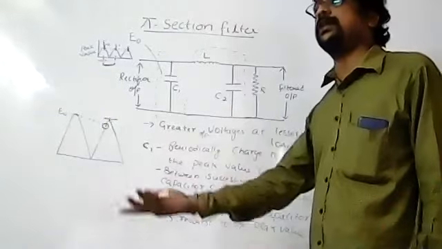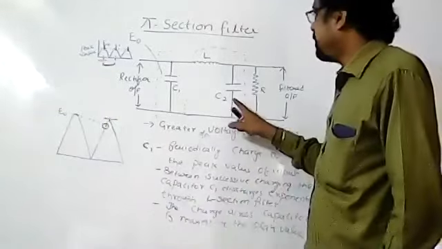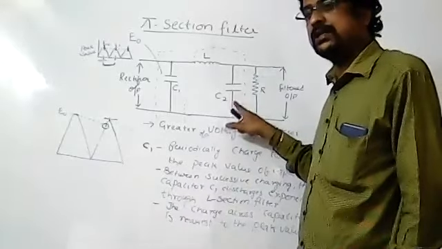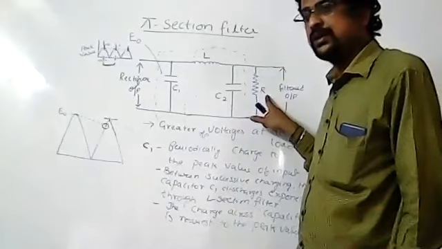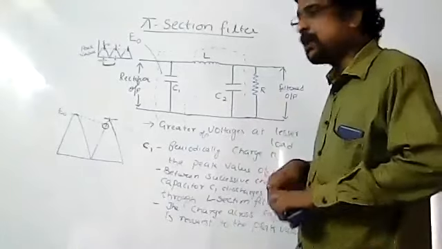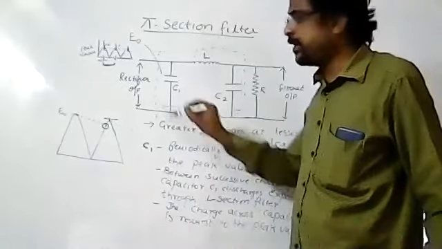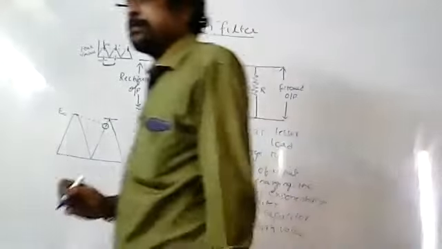Still, if any AC components occur, the capacitor C2 value will be such that its reactance is less than R at the AC mains, so it will find a path for AC. All the AC will move here and return.